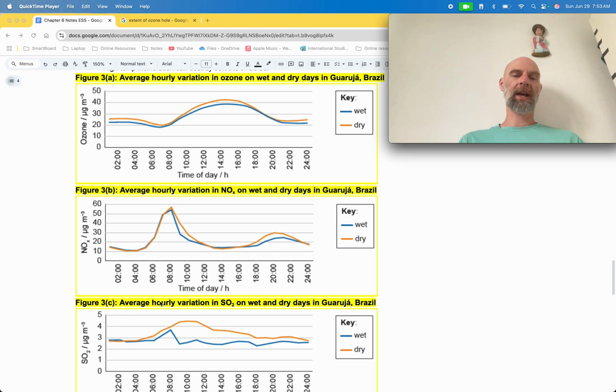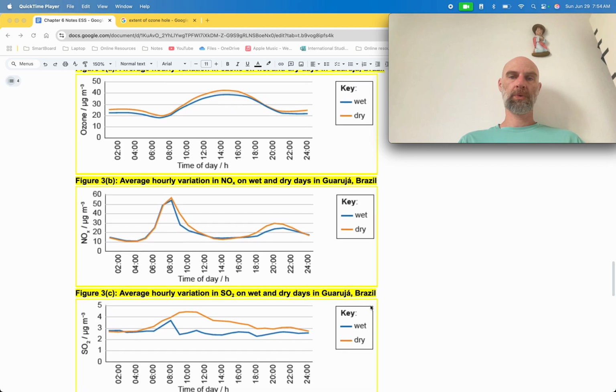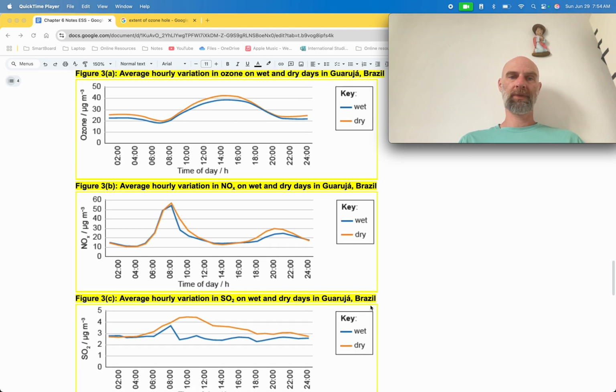And figure 3C is average hourly variation in sulfur dioxide on wet and dry days in Guarujá, Brazil. So, we got questions down here.